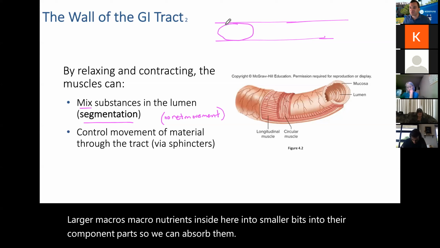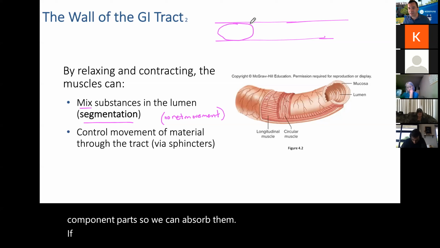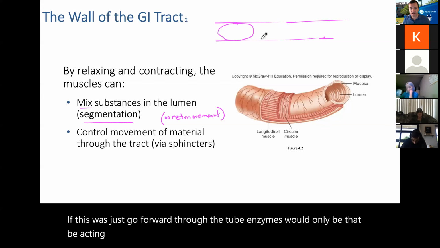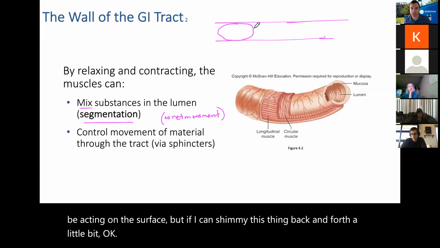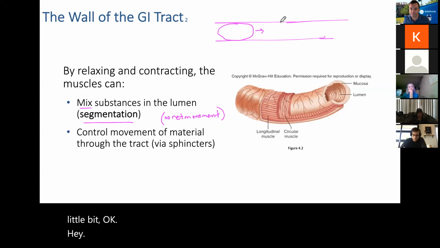If this would just go forward through the tube, enzymes would only be acting on the surface. But if I can shimmy this thing back and forth a little bit, I can break it up a little bit.